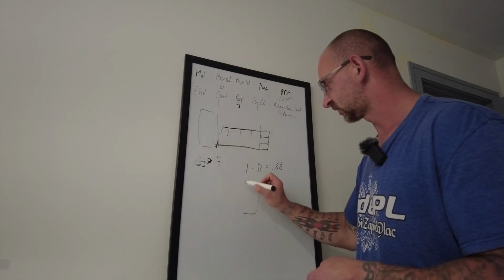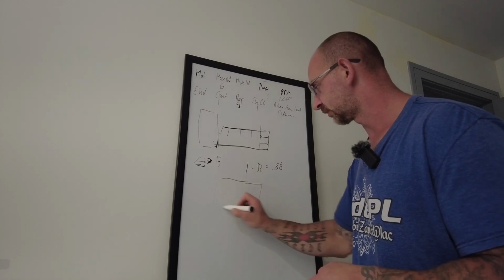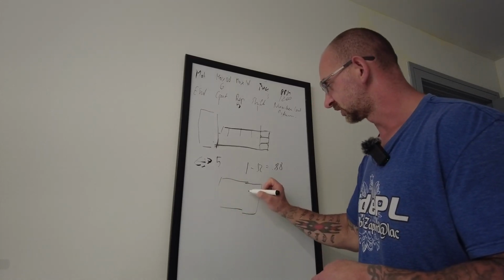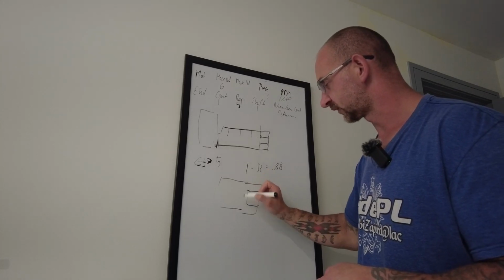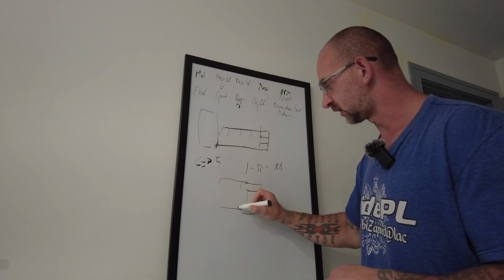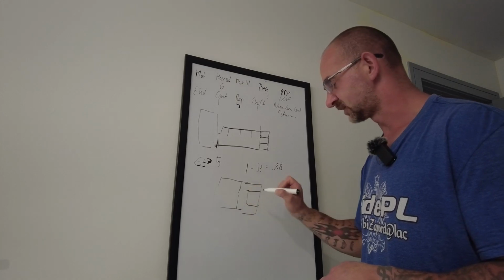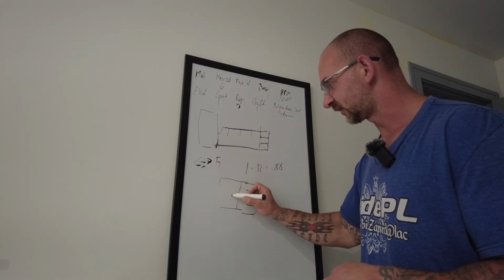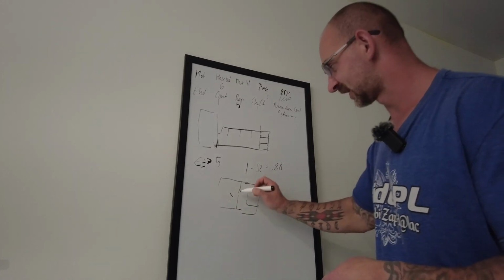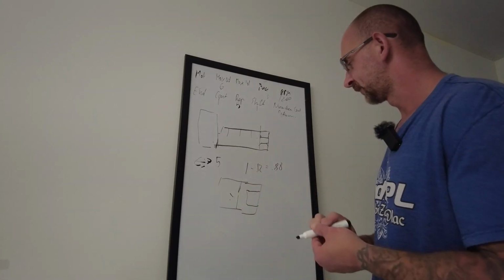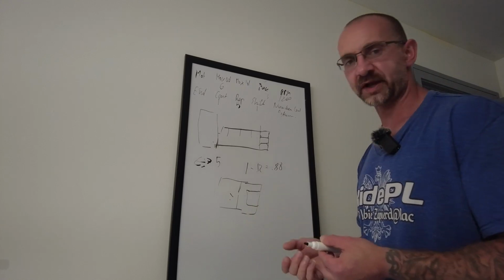I machine this, whatever, and then I want to cut this off here. Depending on the size, for small parts, if you leave 100 thousandths of stock, the cutoff comes by, you can come off and you literally break off the piece.